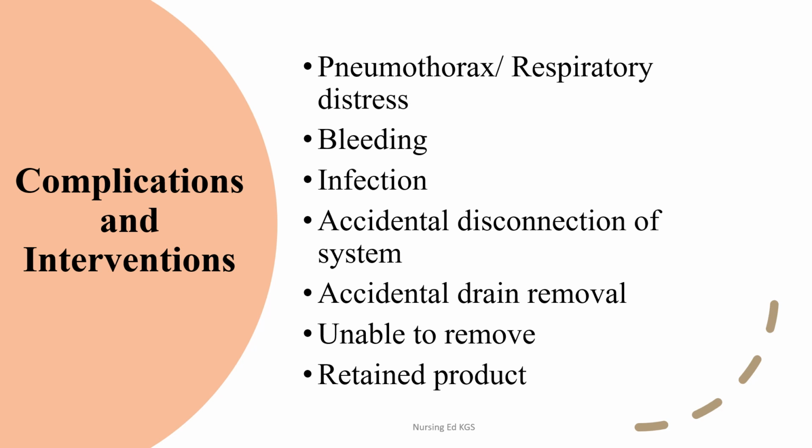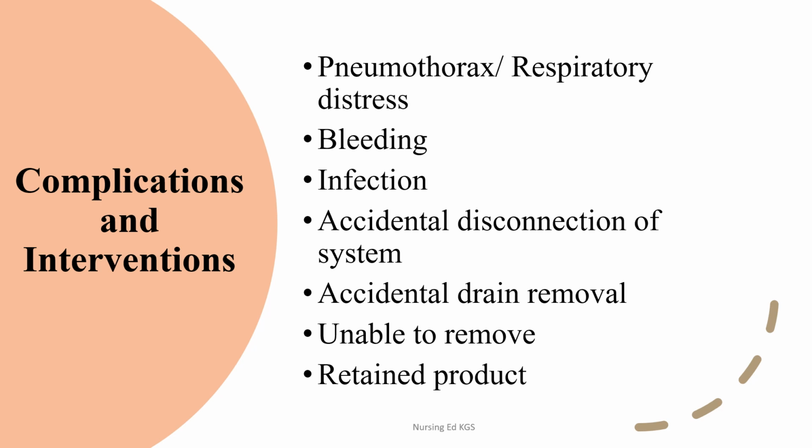If you notice that your patient is in respiratory distress or they're having pneumothorax, as evidenced by hypotension, tachycardia, or bradycardia, complaints of chest pain, decreased chest movement, asymmetrical chest movement, diminished breath sounds, increased respiratory effort, shortness of breath, and decreased SpO2, you'll notify the doctor immediately.